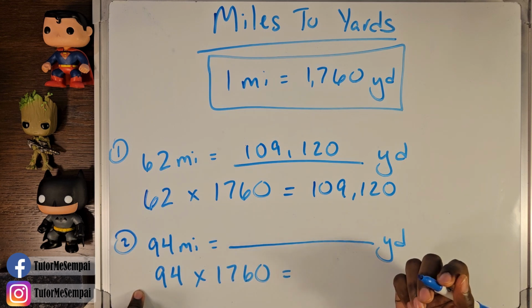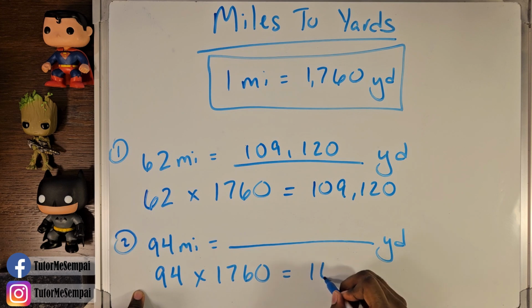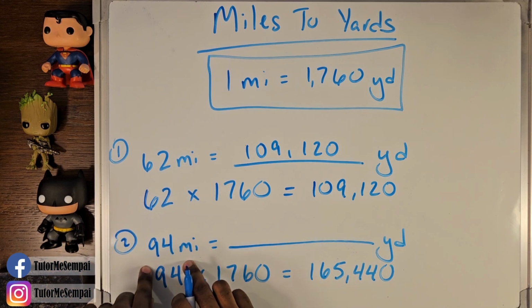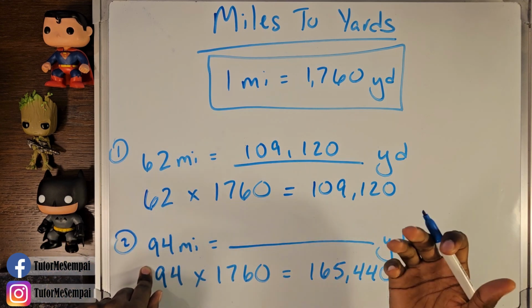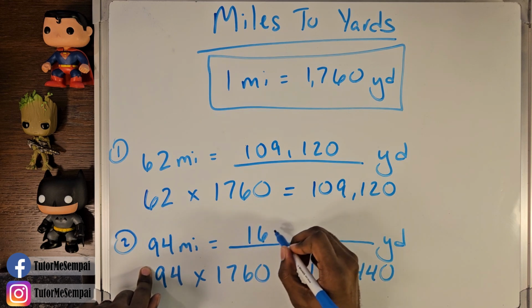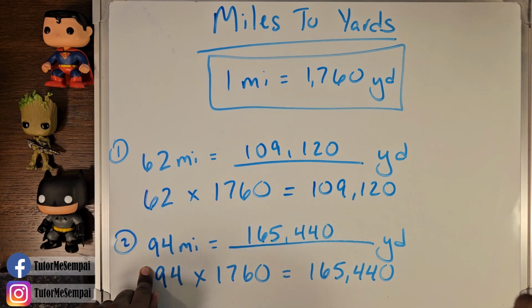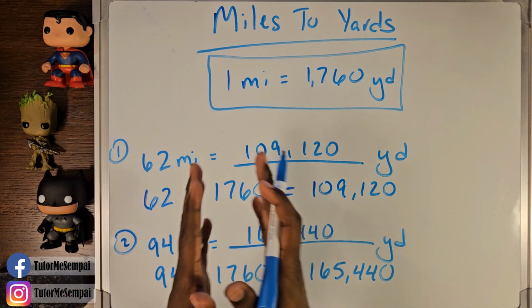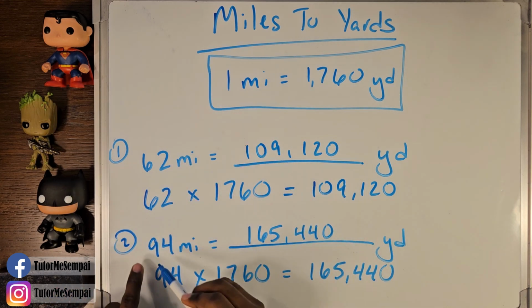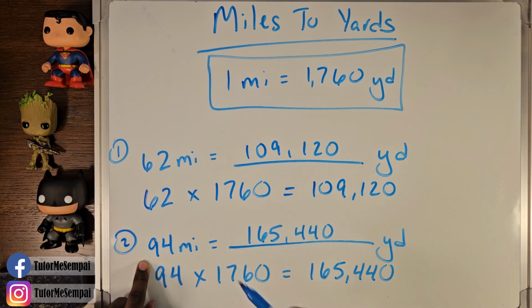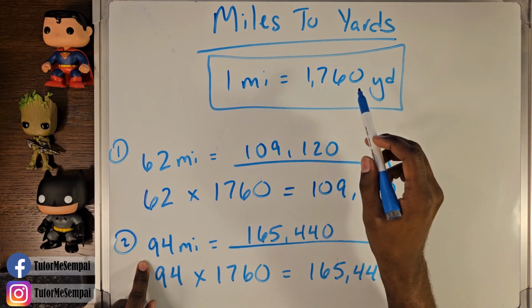And when we do that, we're going to get 165,440. That means that whenever we have 94 miles, if you were to convert that to yards, you would have 165,440 yards. So whenever we're going from miles to yards, you want to take your total amount of miles you have and multiply it by this 1,760.